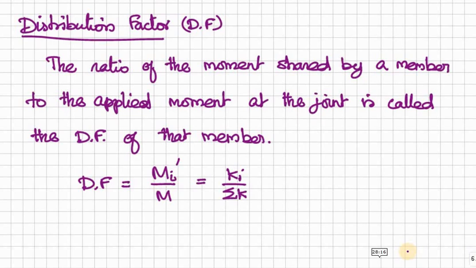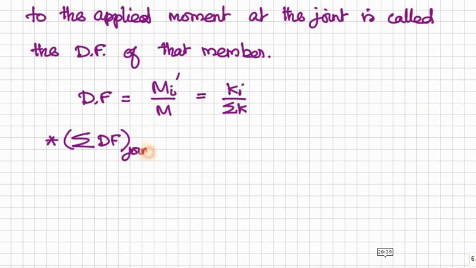Therefore, we get distribution factor is equal to ki, the stiffness factor of that member, over the summation of the stiffnesses of all the members meeting at that joint, that is sigma k. And if we sum up all the distribution factors at a joint, that should be equal to 1. And for a cantilever, distribution factor is equal to 0.